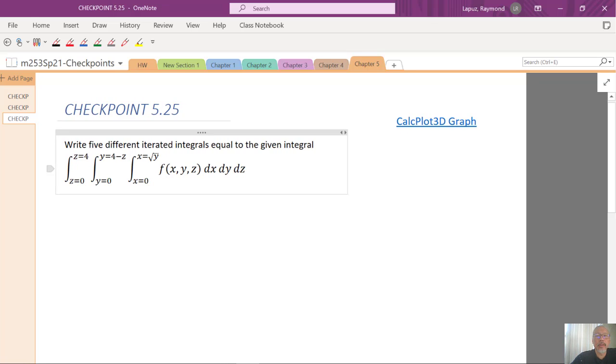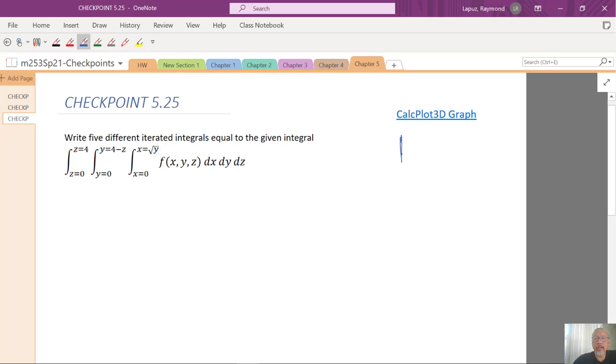Let's see if we can just imagine this whole thing on the xy plane. On the xy plane, I would get x is equal to 0, so that's this axis, and x is equal to the square root of y.